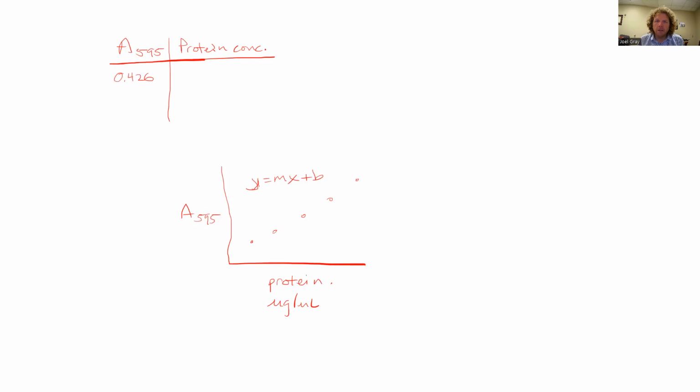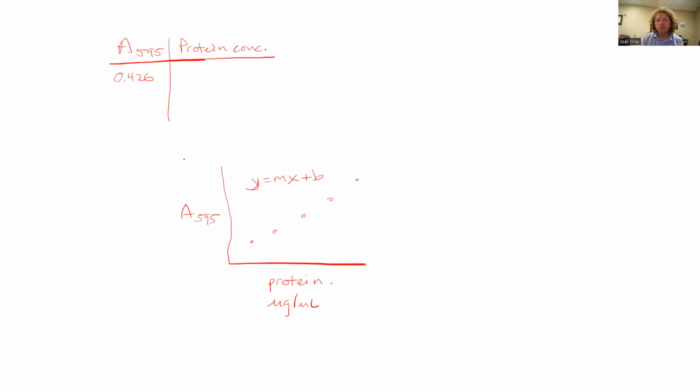Now, with that in mind, where did you come up with this? You came up with this graph in experiment number 2 or 3, where you had protein samples with known concentrations, and you calculated an absorbance from those.